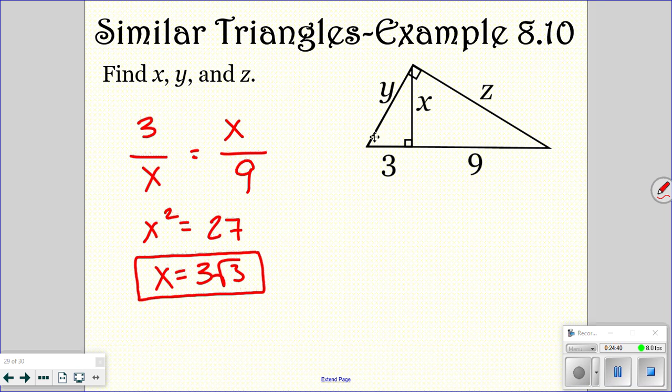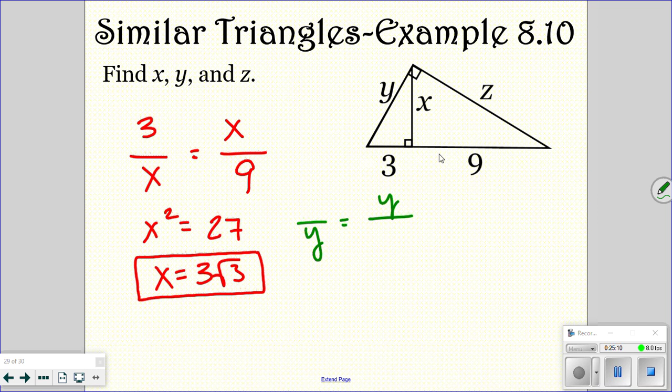Now from here, you could use Pythagorean theorem on each of these two triangles to find y and z, but I'm going to go over the other two geometric corollaries just so that you can kind of refresh. Y is the geometric mean, so it's going to go here and here, and it's of the whole hypotenuse and the part of the hypotenuse that is closest to it.